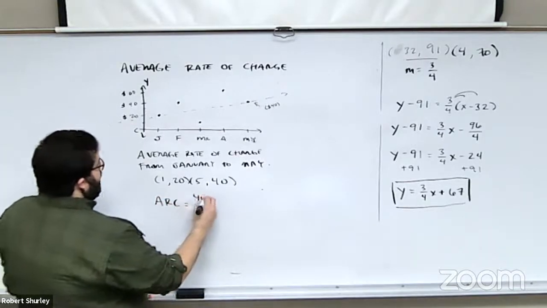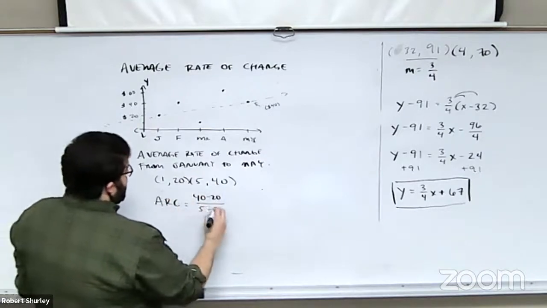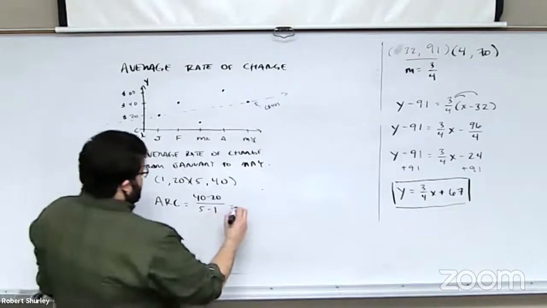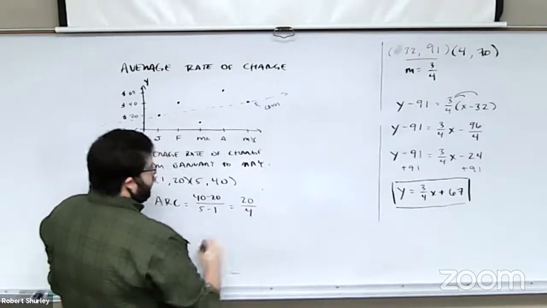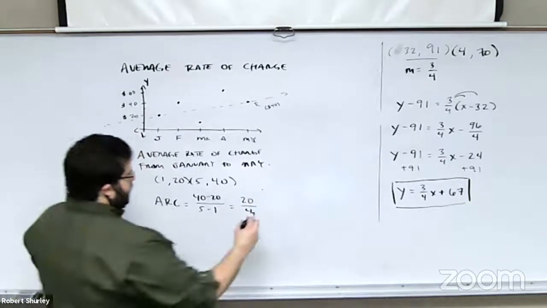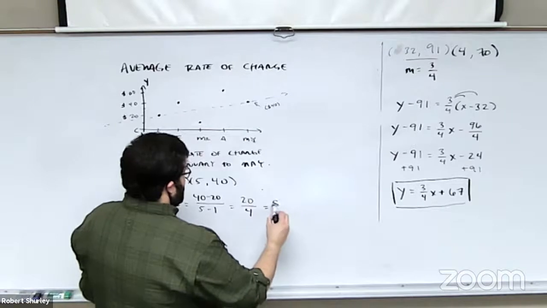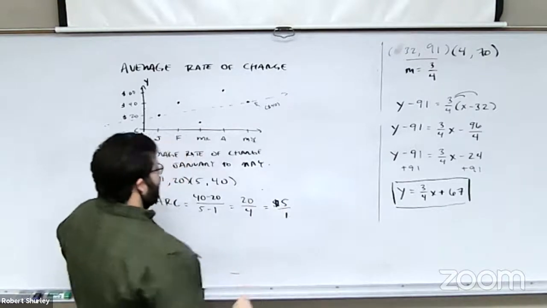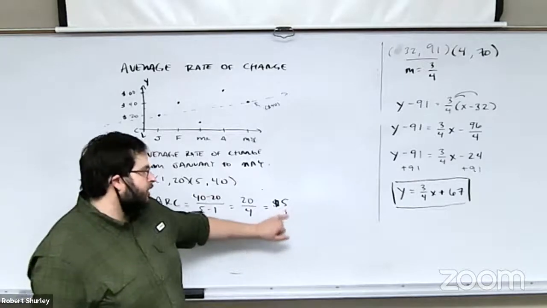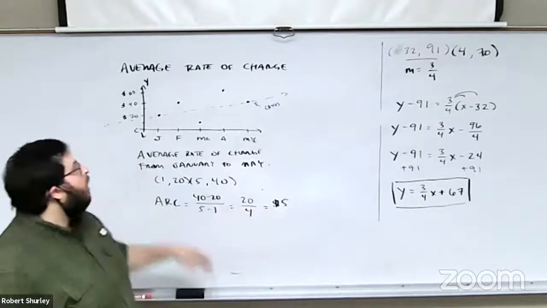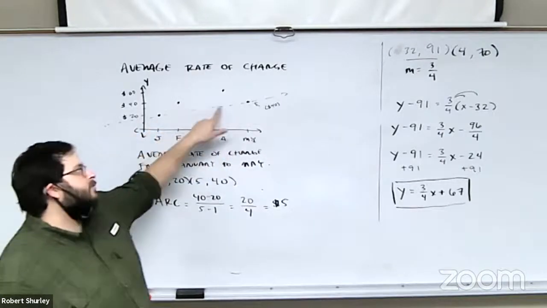It's going to be 40 minus 20 over 5 minus 1. So 40 minus 20 is 20, 5 minus 1 is 4. We wound up with a $5 a month habit, really, 5 over 1. So the average rate of change for each month was $5. On average, from January to May, I increased by $5 each month.